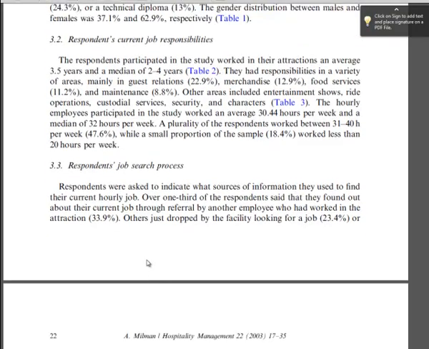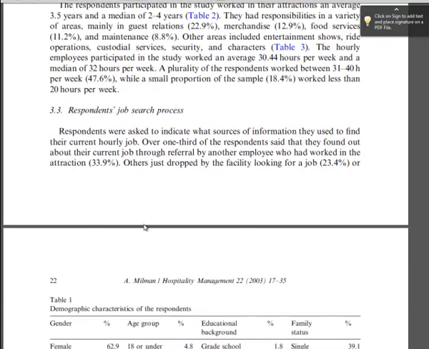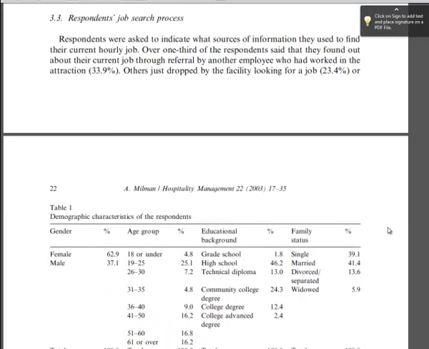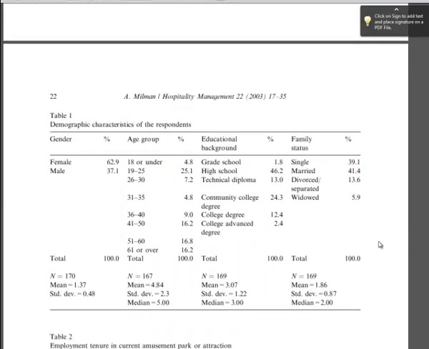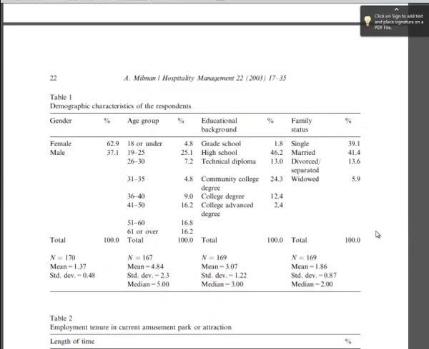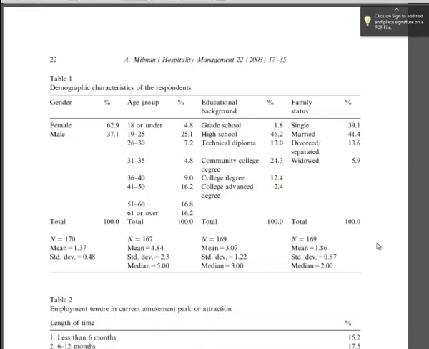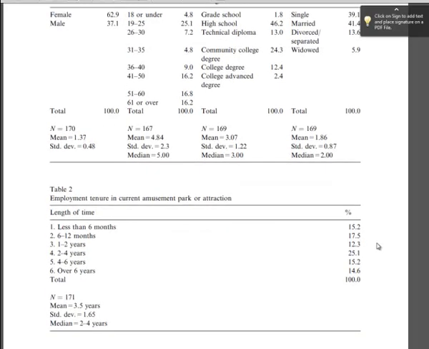The next section deals with the job search. You can read through and look for a couple of things that might be interesting to you. You know, over a third found out about the job from someone who was employed there. Here's Table 1 that gives a lot of the demographic information, and that's a nice table that summarizes a lot of the data.